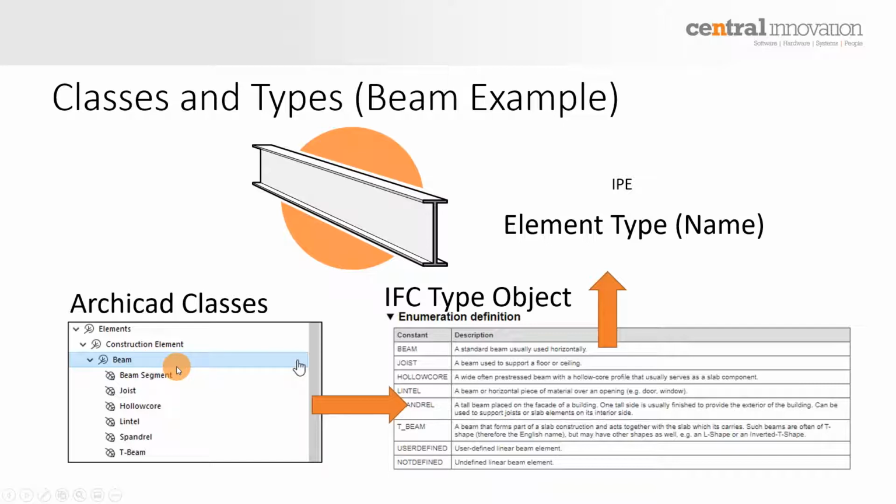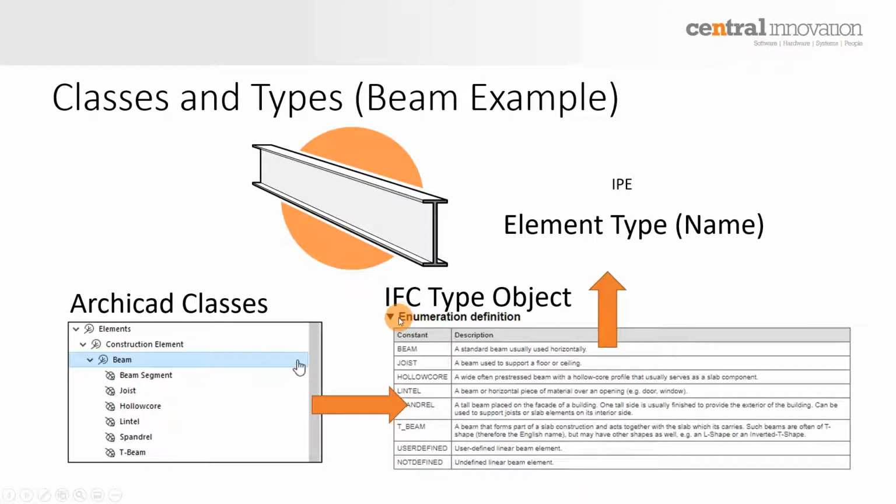The beam is the actual element class inside the Archicad class, but then inside there you have individual specific classes. Now they don't seem to be super comprehensive. They seem to be a very specific set of types or classes of beams. And the reason for that to exist is because they actually are mapping into the standard IFC types of objects.